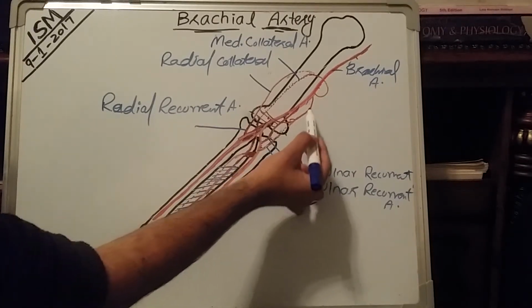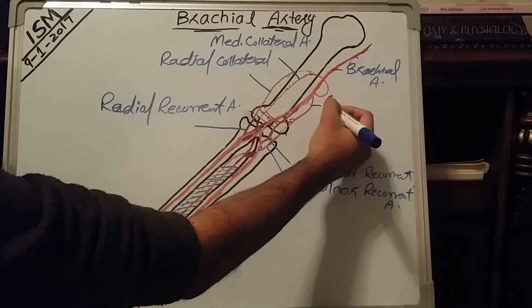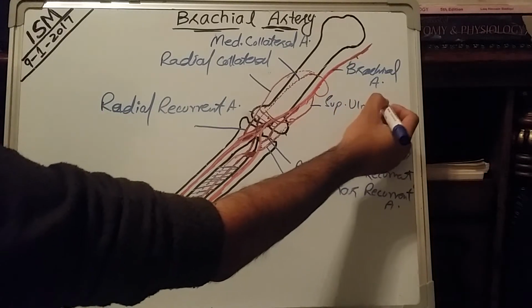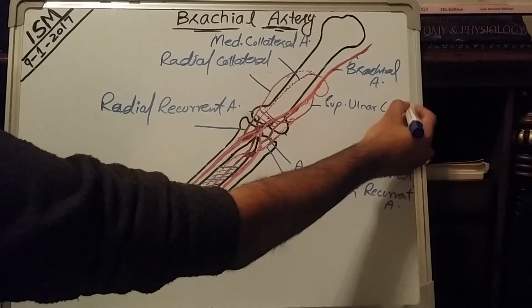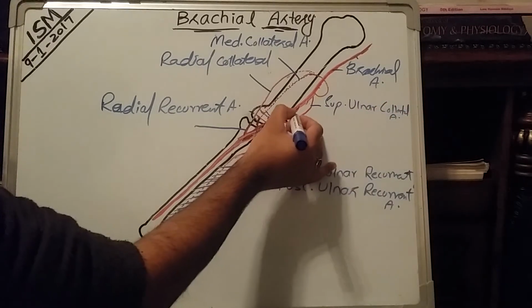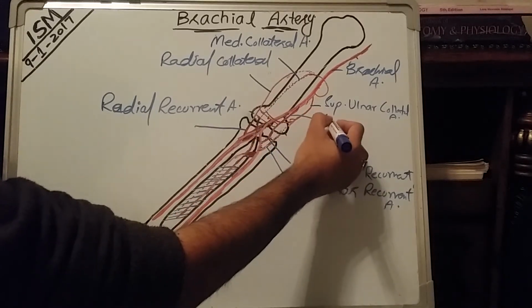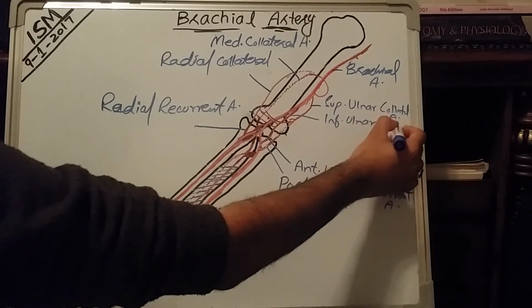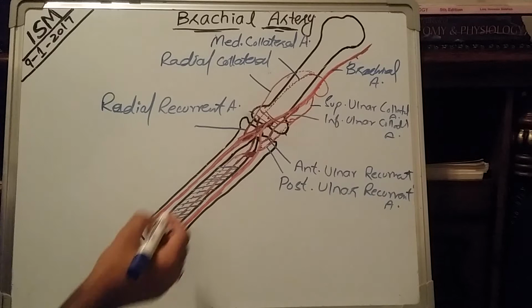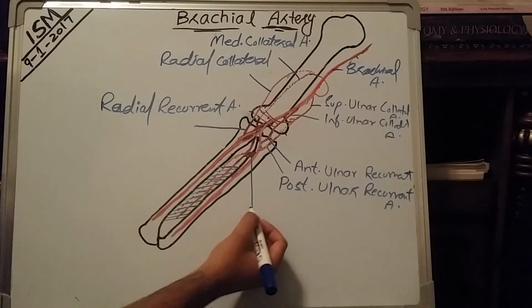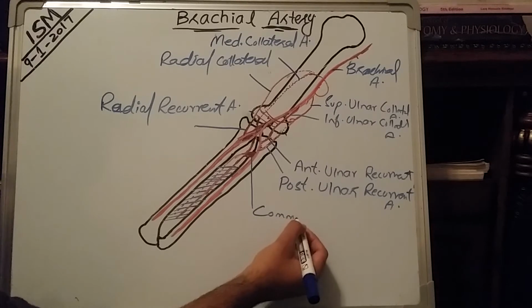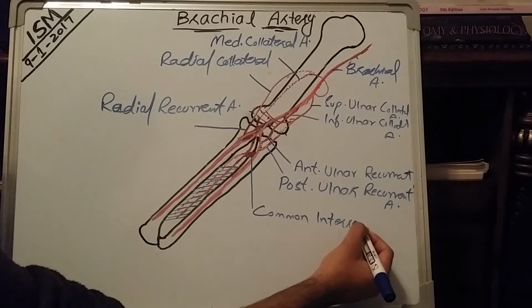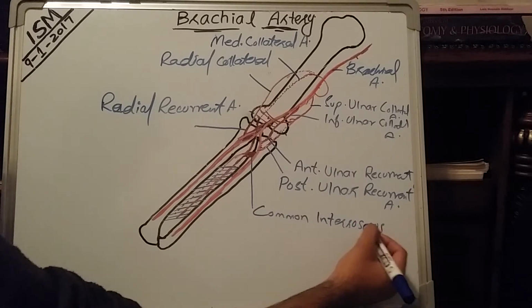This is the superior ulnar collateral artery. And this one is the inferior ulnar collateral artery. This is the common interosseous artery.